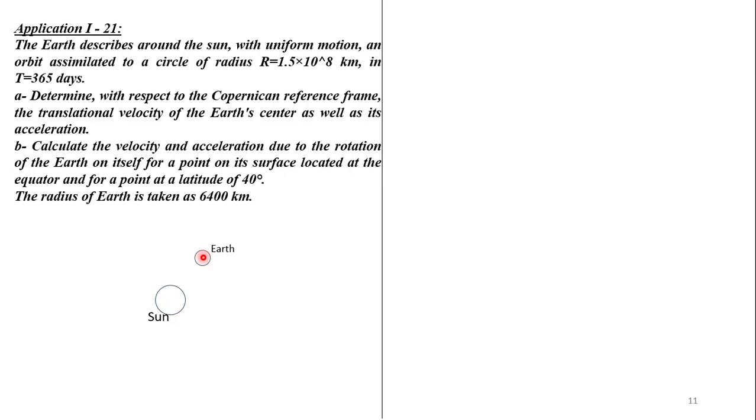We need to use the circular motion formula V equal omega cross r. Omega is the angular speed, r is the radius of the circle, the distance from the Sun to the Earth. We know that V is along tau, the unit vector tangential to the path. V vector is equal to the magnitude of V times the unit vector tau.